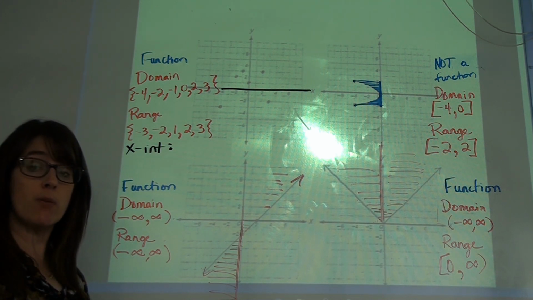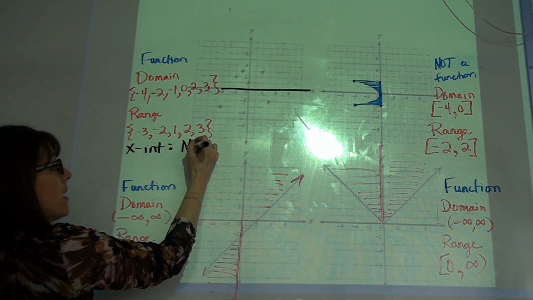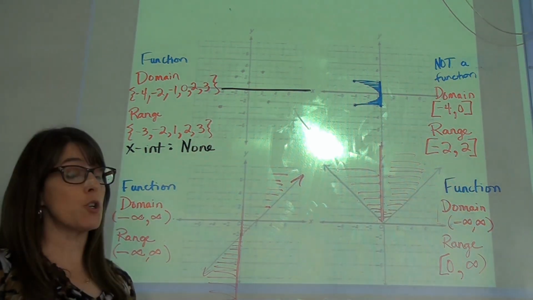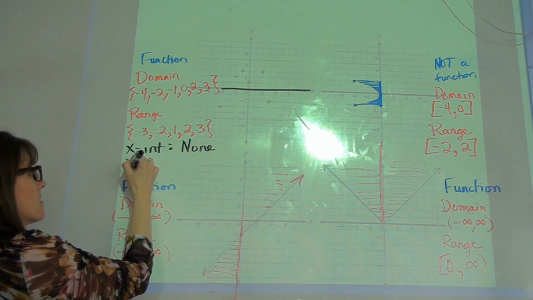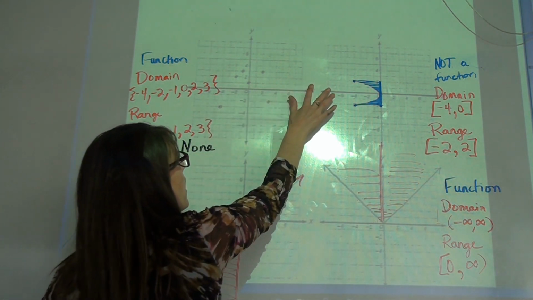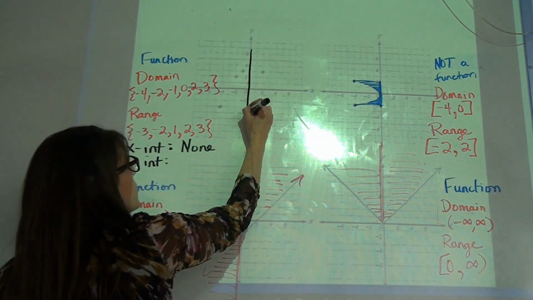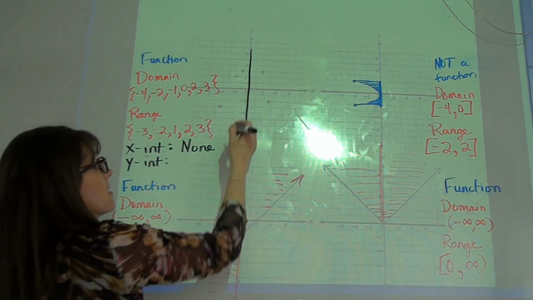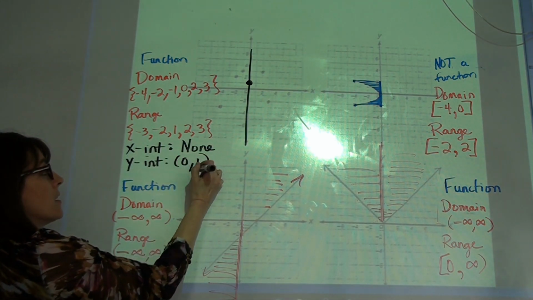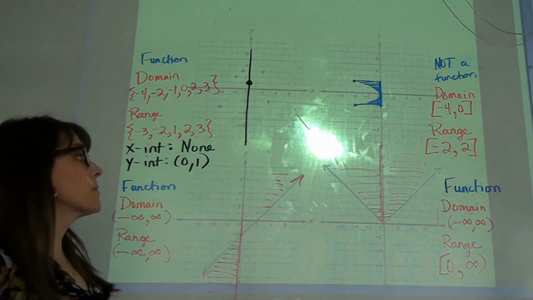So if I don't have one that crosses the x-axis, I don't have an x-intercept. And it's okay to not have an intercept. You have to remember what the definition says. Now let's take a look at the y-intercept. Here is my y-axis, and I've got to figure out which of these points cross that axis. This one right here. And that is the point 0, 1. So that's going to be my y-intercept.